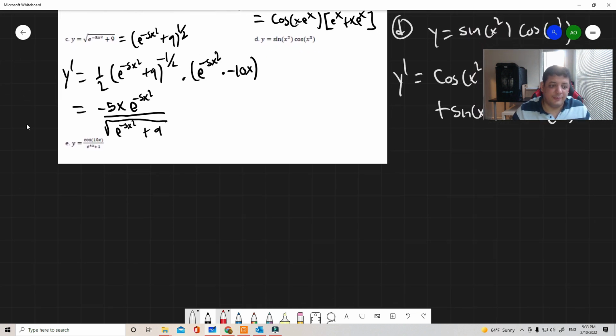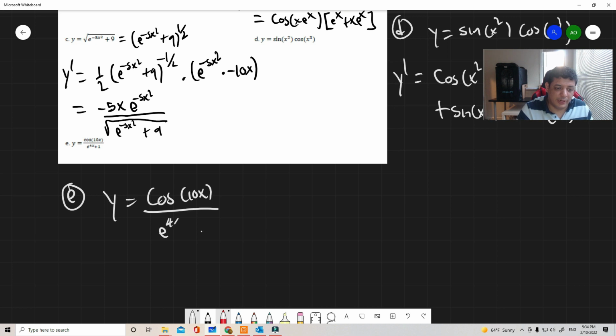Now, last but not least, we have this quotient situation here. So we have y equals cosine of 10x over e to the 4x plus 1. So this is a traditional quotient rule. And the problem is the functions are going to have some chain rule involved. But let's state first the quotient rule.